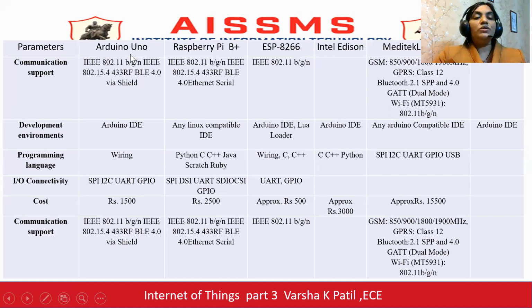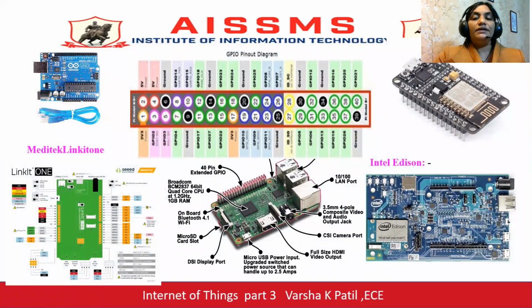Arduino Uno is also another practically and widely used microcontroller. Also, a new candidate, the Wi-Fi enabled ESP8266, also called Node MCU, is a candidate which is very popular in labs.